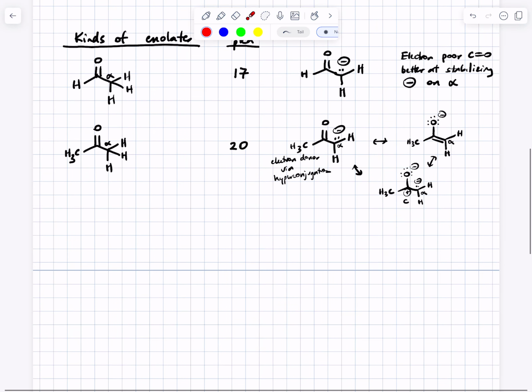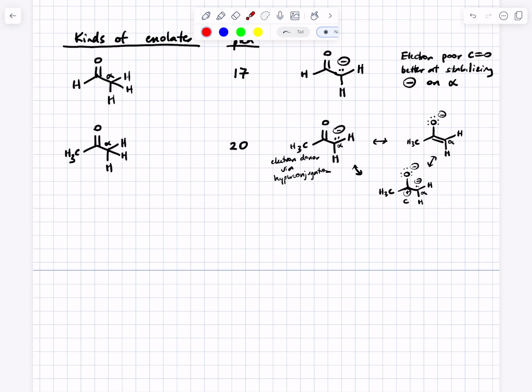And so, tell me, what do you predict for an ester? Where should I put the ester? Do you think the ester is going to be more or less acidic than the ketone? Is the ester more or less reactive than the ketone? Less, because of the electron donating OR group, right?